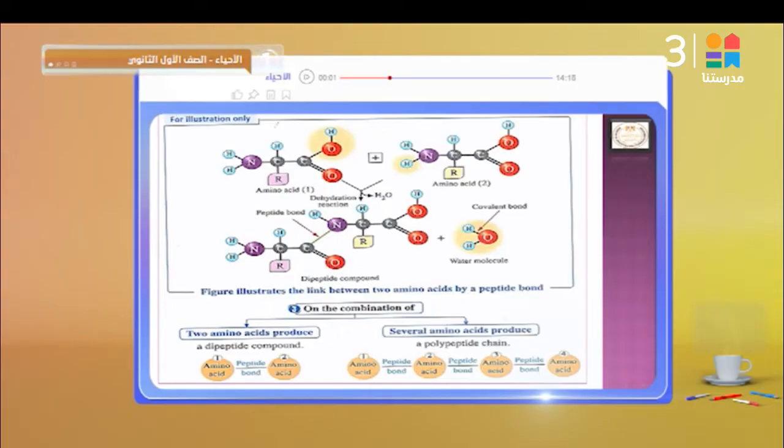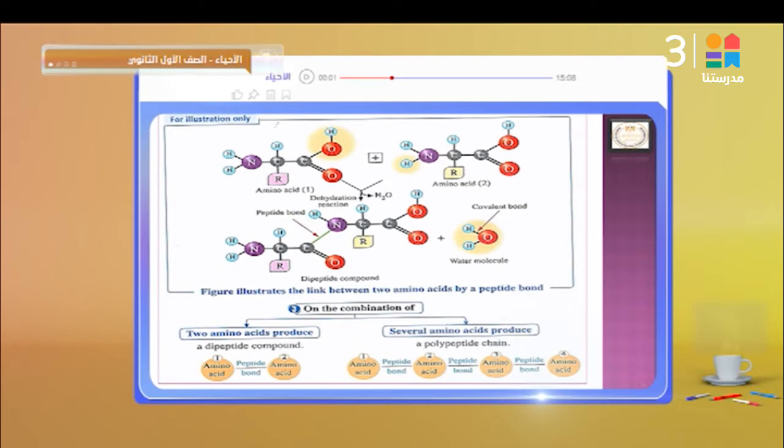Okay, I will explain. When bonding between the first amino acid and the second amino acid, the hydroxyl group of the carboxyl group bonds with the hydrogen from the amino group of the second. Sequentially, in the third, fourth, until reaching the end. So there is one free carboxyl group from the amino acids and one free amino group.